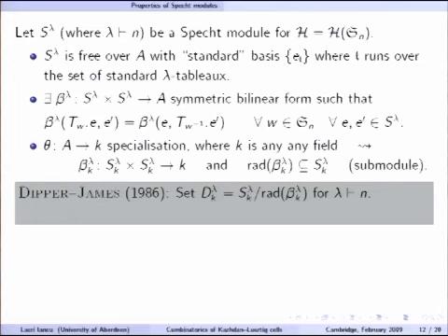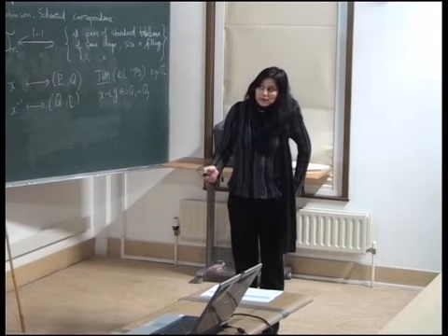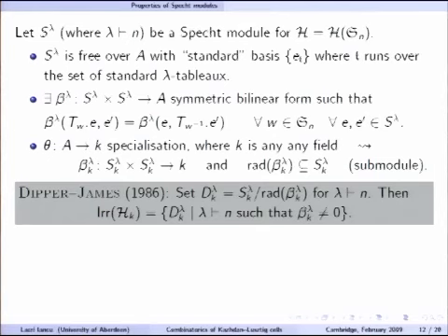And then, what Dipper and James showed was the following, that if you quotient out the radical of that symmetric bilinear form, and you look at those D lambda k's, so you are in any specialization, it turns out that these are exactly the irreducible representations of H k.